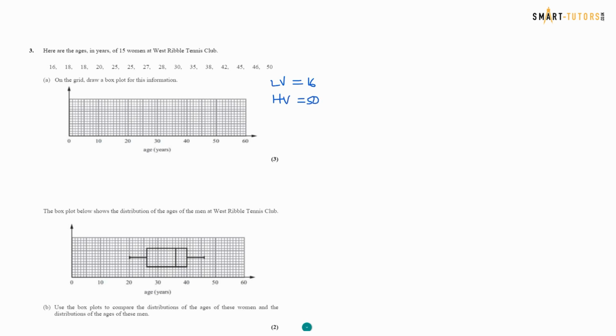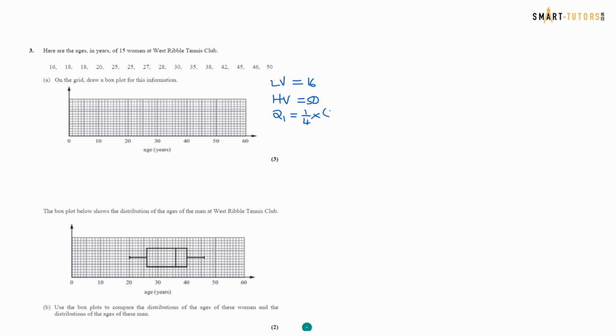And then you need to find the quartiles. Q1 stands for the lower quartile. You need to find a quarter times how many numbers are here. 1, 2, 3, up to 15.